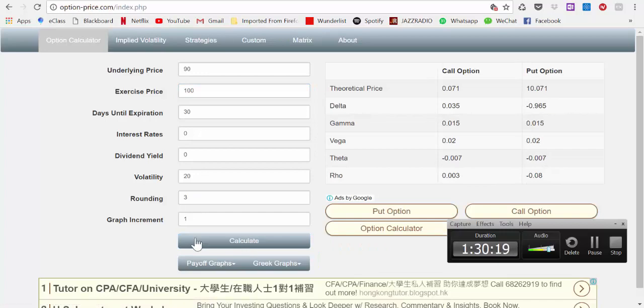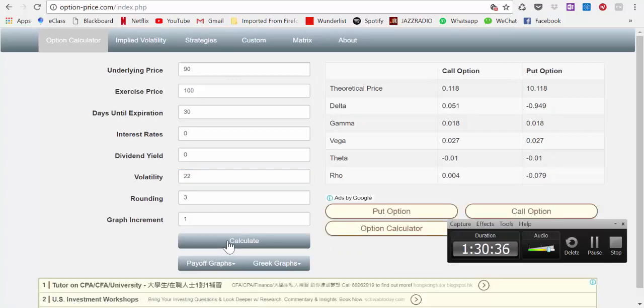Now, Vega is very small. You can see that, 0.02. But now if I change the vol, it will move around. So from 0.02 to 0.027, you might think, well, it's not much. That's not the point. It is changing.